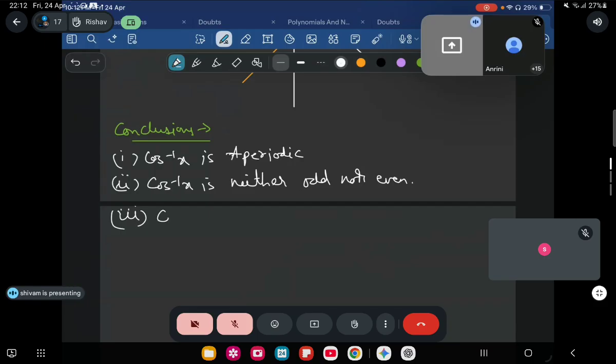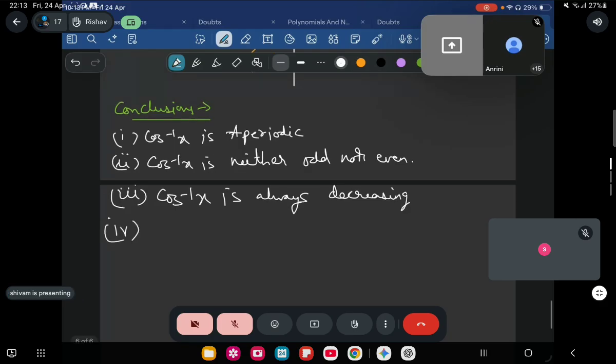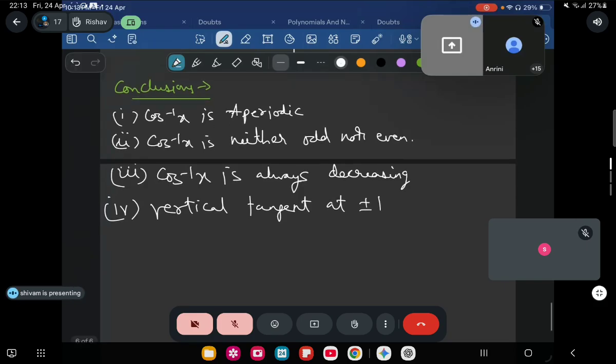Cos inverse x is always decreasing. You people can understand? It's a decreasing function. Next, number 4. Vertical tangent at plus minus 1. Next.